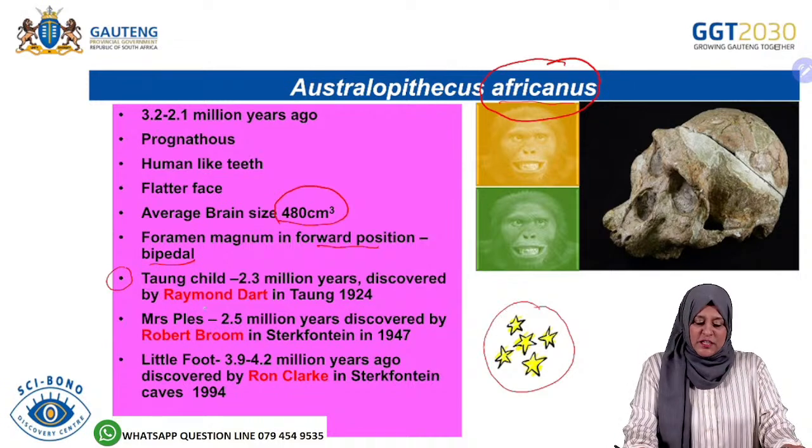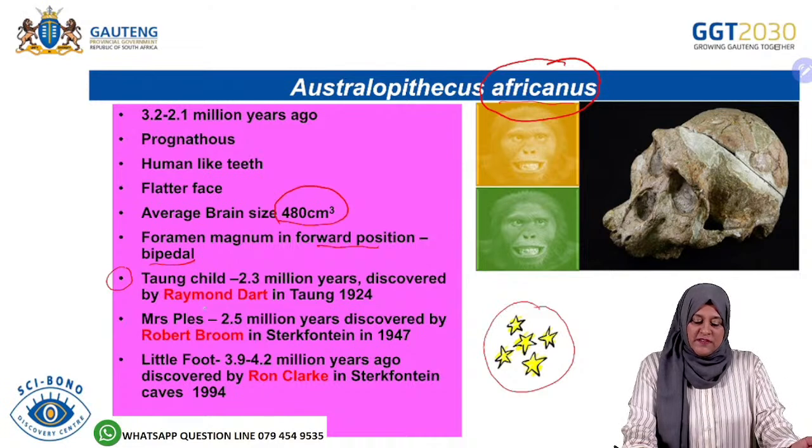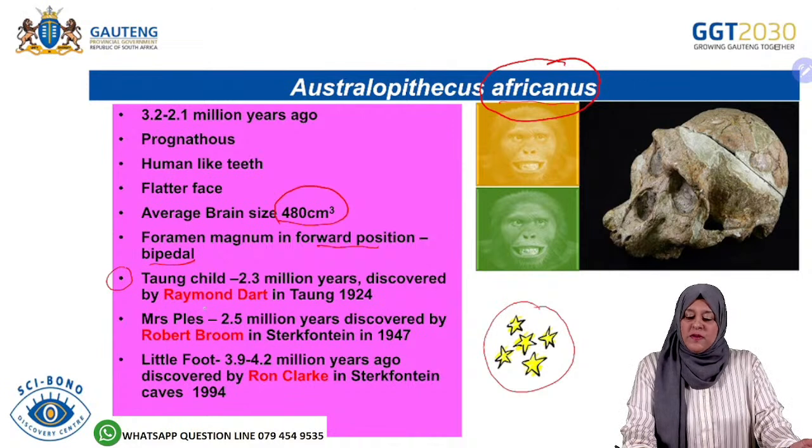Then we have Mrs. Ples, which lived about 2.5 million years ago, discovered by Robert Broom in the Sterkfontein caves in 1947, right? And then we have Littlefoot, which lived about 3.9 to 4.2 million years ago, discovered by Ron Clarke in the Sterkfontein caves.